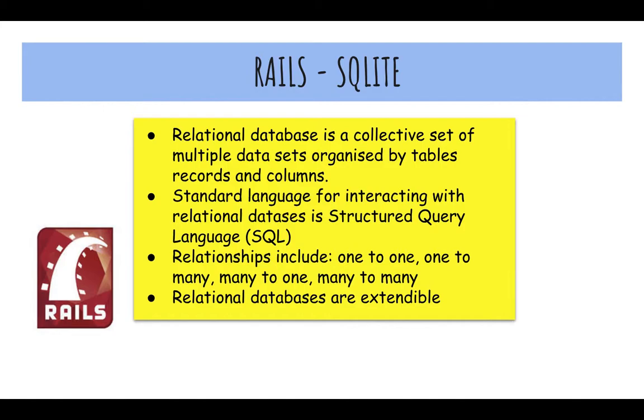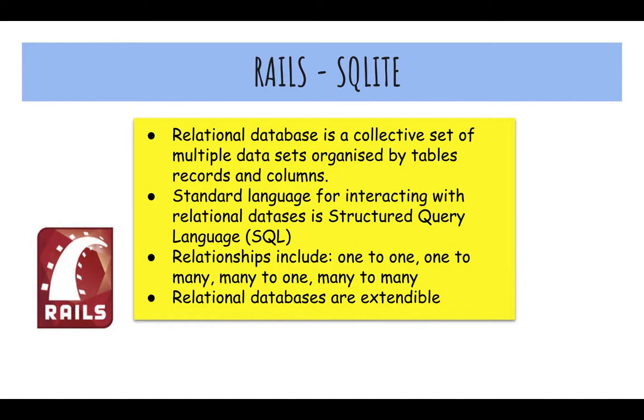Tables are the overarching term for a series of records, and the records are each of the instances within that table. The columns are each of the headings which we can look at to tell what each of the data types are within them.